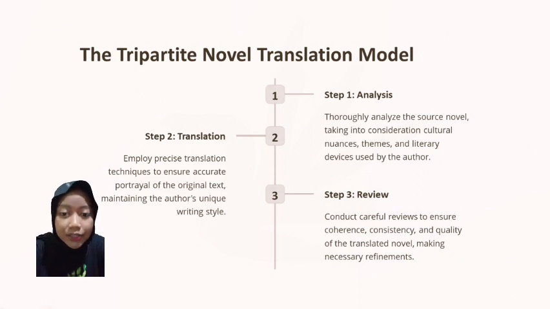So the second step is translation. At this stage, the provided translation techniques are used to ensure an accurate depiction of the original text while still maintaining the author's unique writing style.